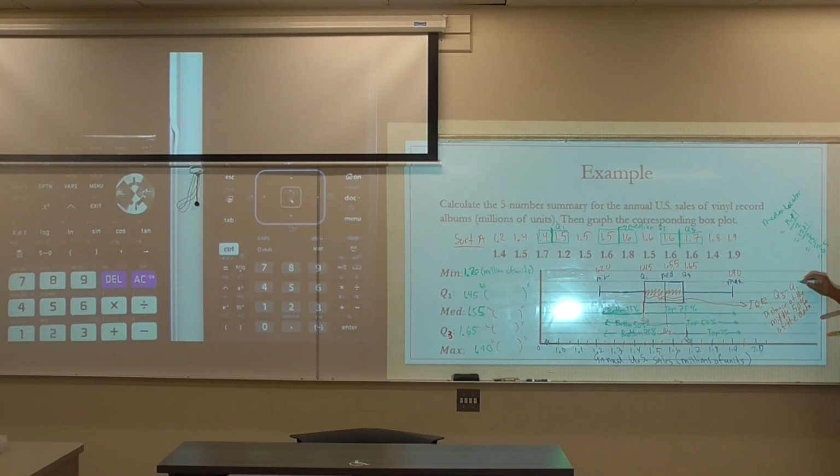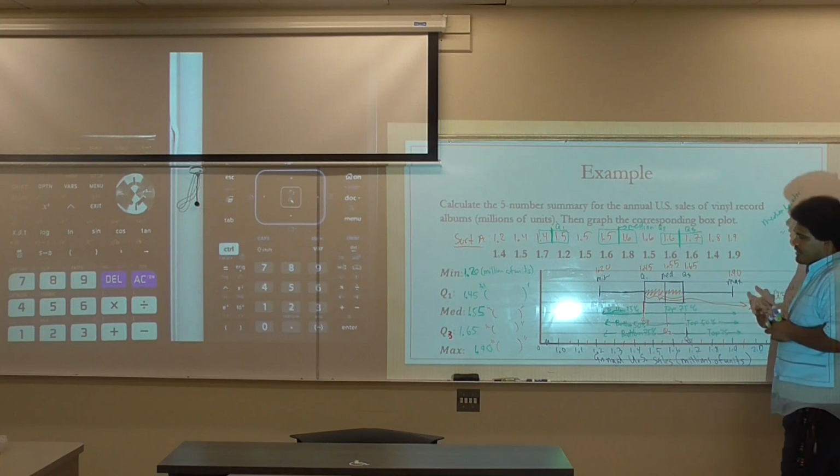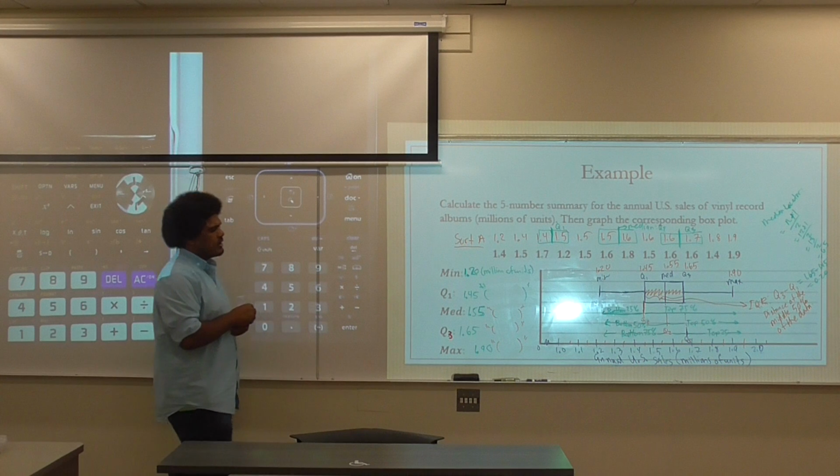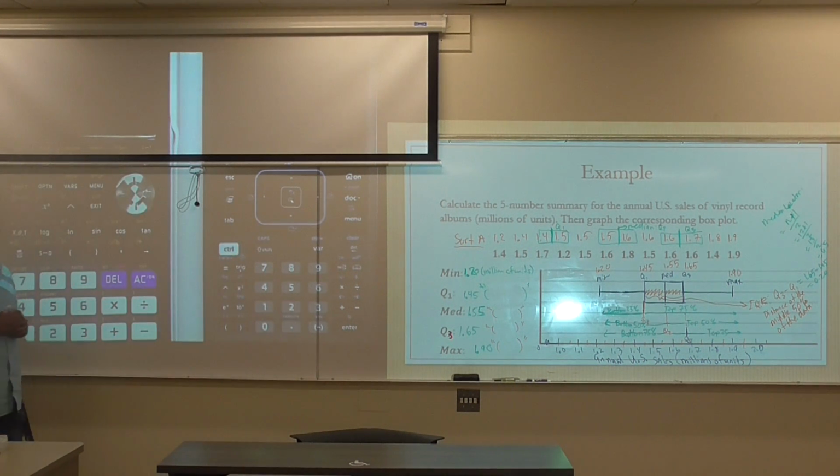If I were to finish it off, we're just going to be here at 1.65 minus 1.45, which should end up becoming 0.20. And that's where the IQR comes into play, by the idea of quartiles and the box. So if you can see those things right there, I was trying to make them visible, but hopefully it's good.